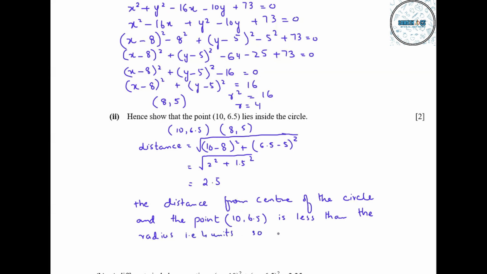So point lies inside the circle. This distance must be lesser than the radius. If it is lesser than the radius, it means that the point lies inside the circle.